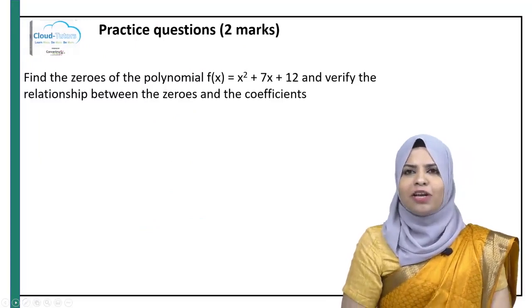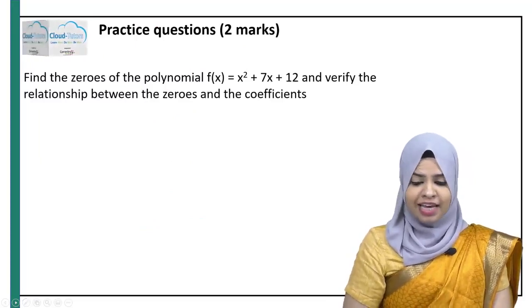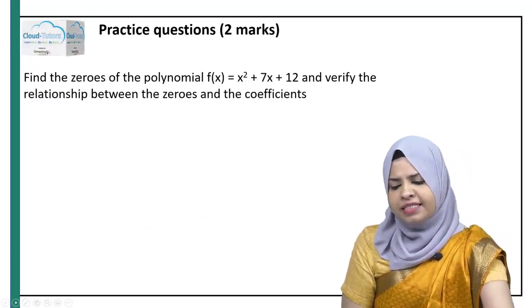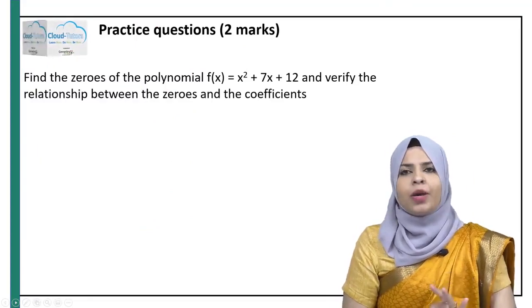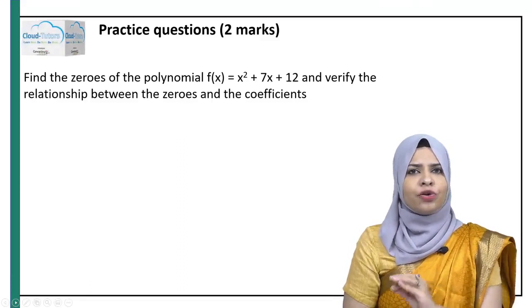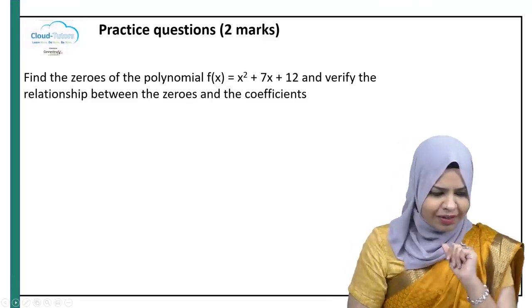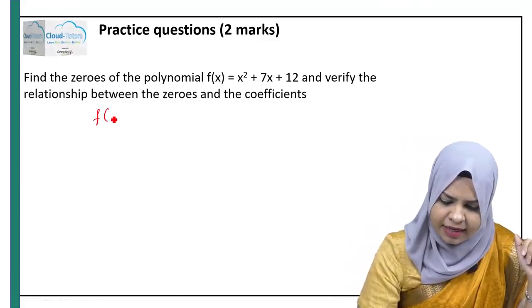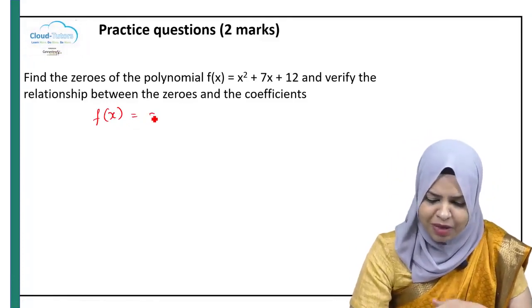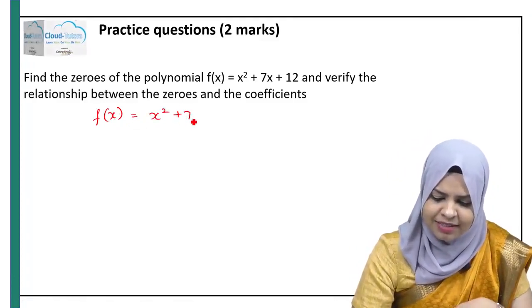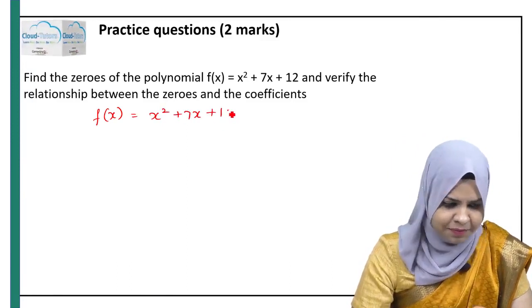Find the zeros of the polynomial f of x is equal to x square plus 7x plus 12 and verify the relationship between the zeros and the coefficients. Let's do it. They have already said f of x is equal to x square plus 7x plus 12.